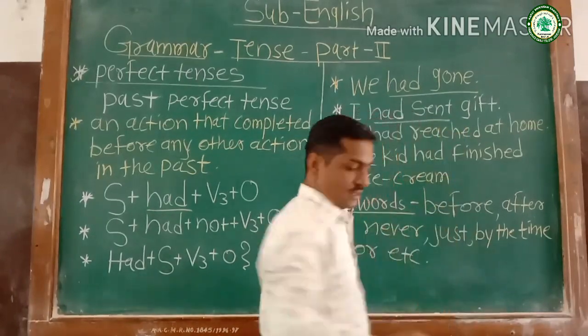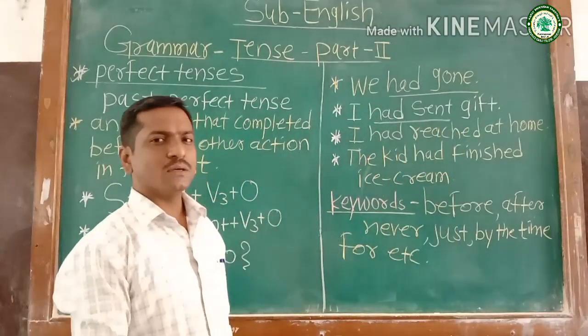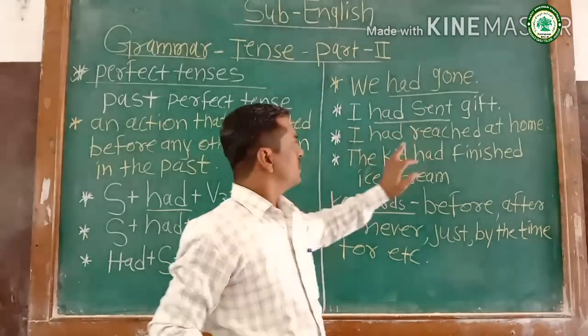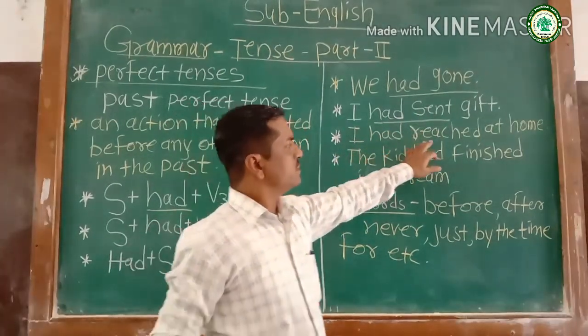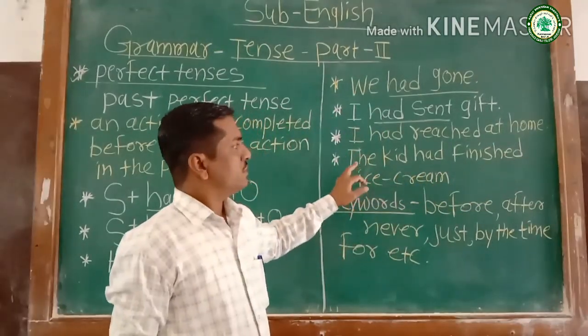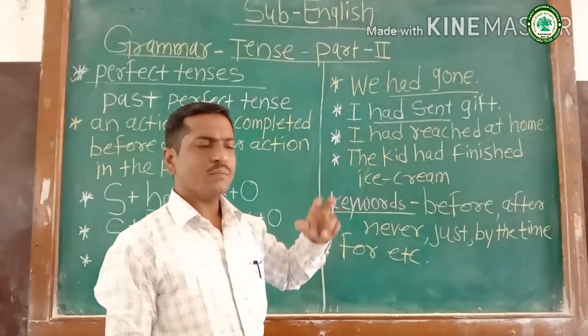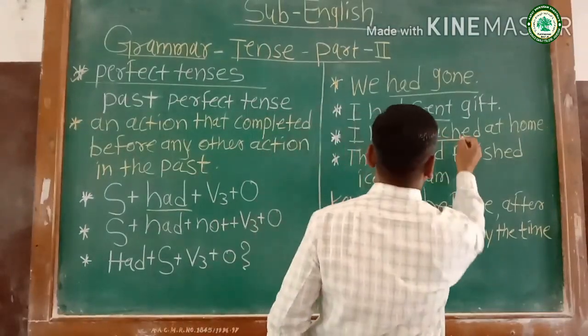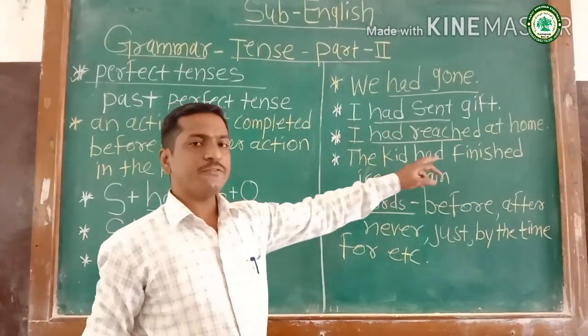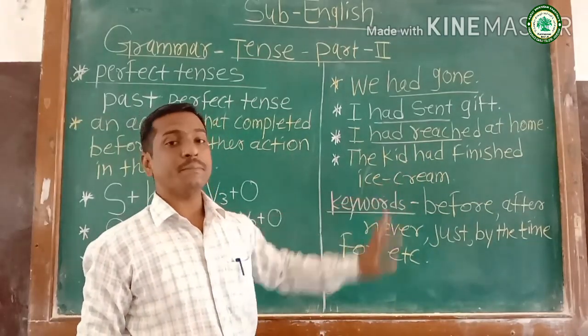Had sent consists of the helping verb and the main verb. Then, I had reached home. The next example: the kid had finished the ice cream.